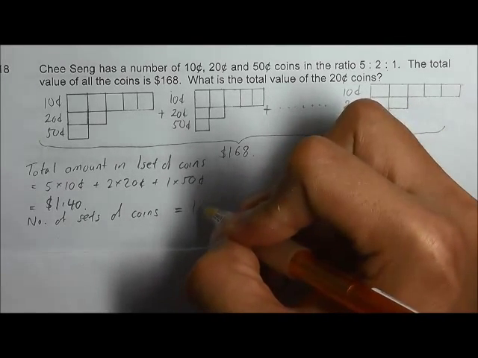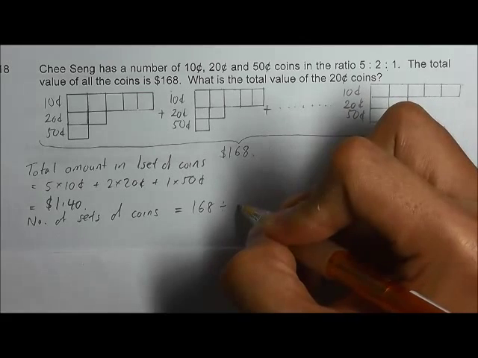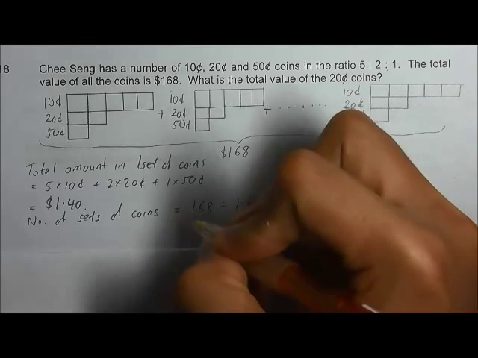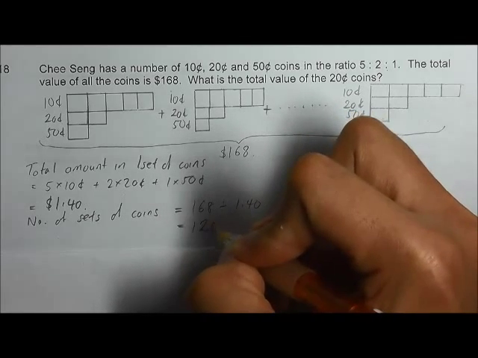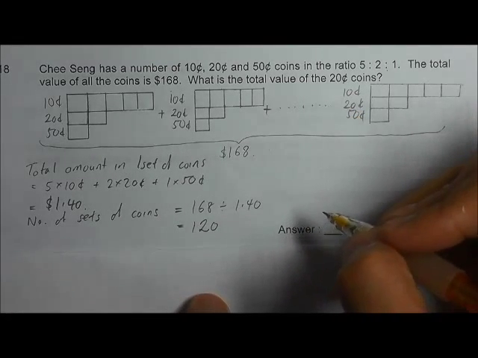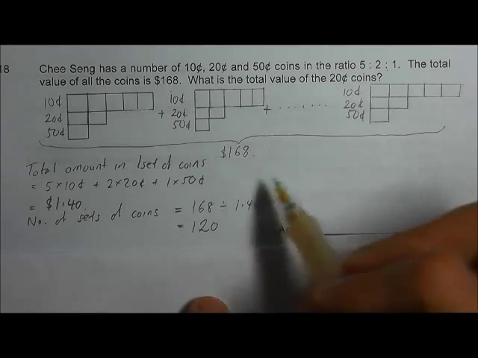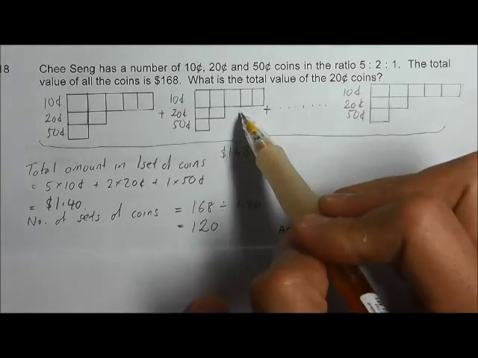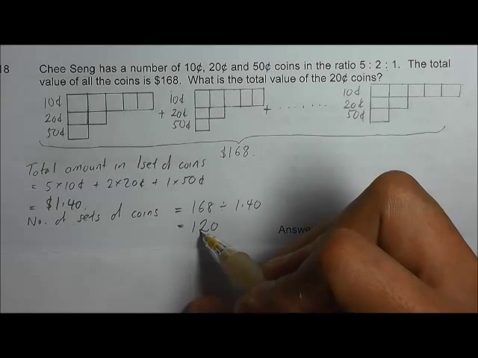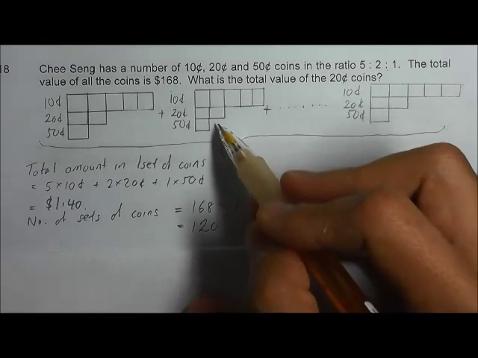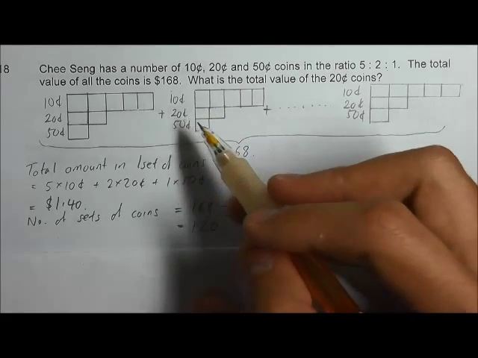That will be 168 divided by 1.40. That will give us 120 sets. So if we know that there are 120 sets of this, we will know that there's 120 sets of two 20 cents coins.